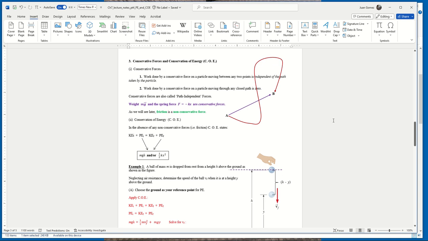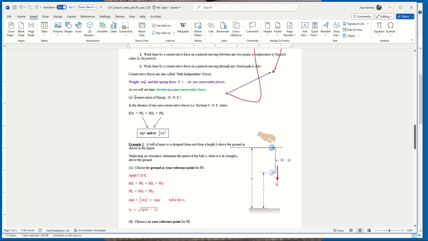Well, this leads to a very important concept of physics called conservation of energy, which I abbreviate COE. When we say take the energy approach, we mean either the work energy theorem or conservation of energy, not Newton's second law.